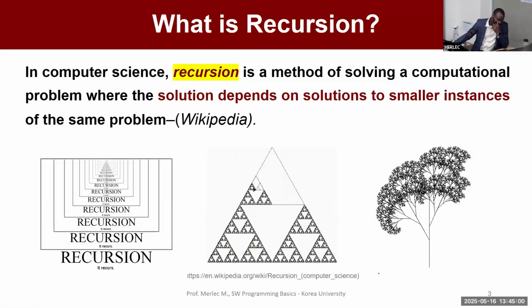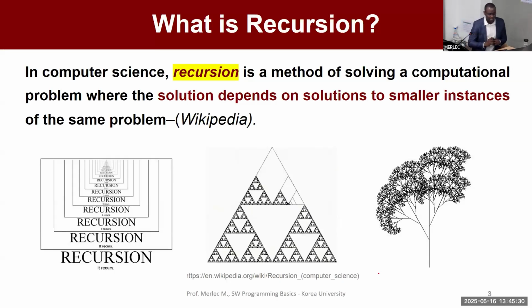In computer science, recursion is a method used for solving computational problems, where the solution depends on solutions to smaller instances of the same problem. You remember in the types of problem solving, I mentioned one type that was divide and conquer. You have a big problem, and you can break the problem down into small solutions.